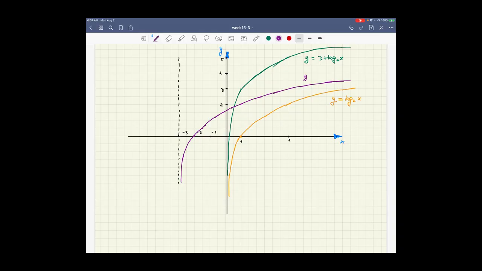Of course, the purple and the orange graph don't intersect either. And again, this point here supposedly is 3/7.